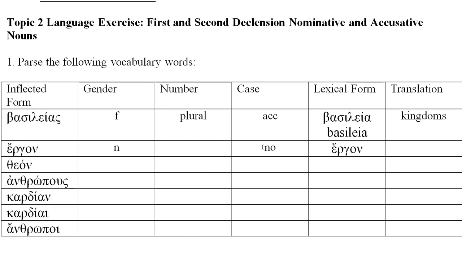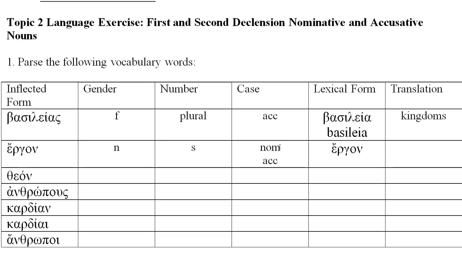So it could be nominative singular, and I'll just put an S there now for singular. It could also be accusative singular. The gender will be the same in either case, so it'll be neuter, nominative singular, or accusative singular.